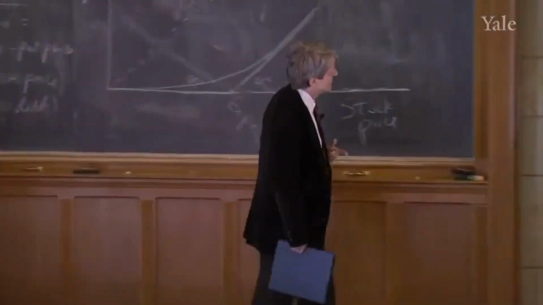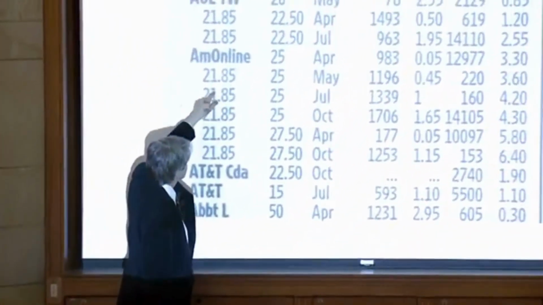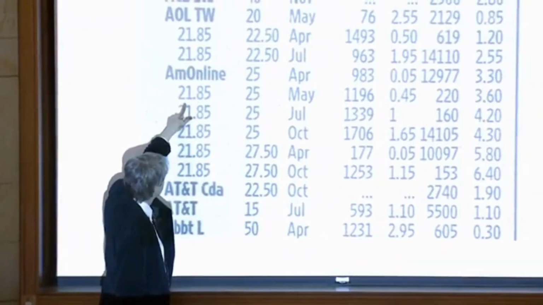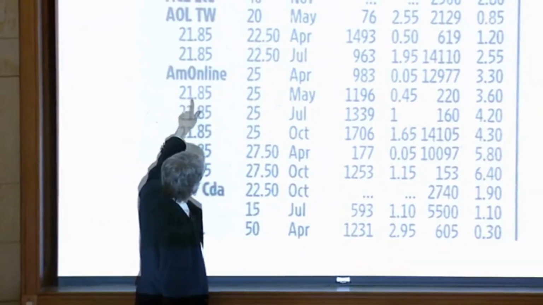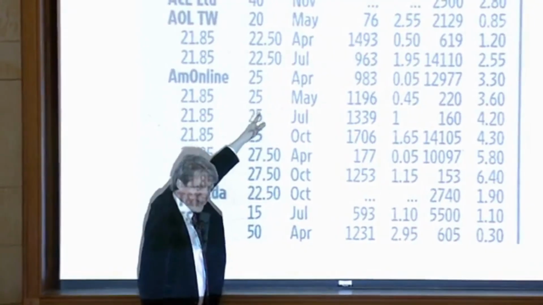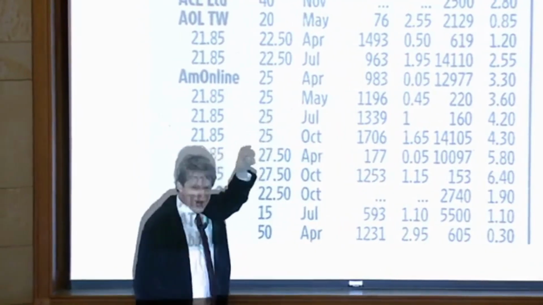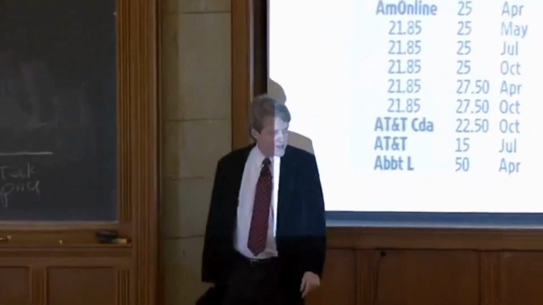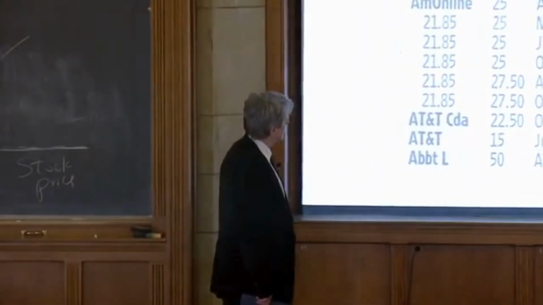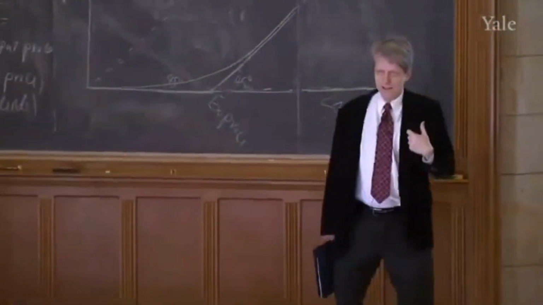For a call, this is out of the money, because the stock price is $21.85, but I've got an option to buy it for $25. That's going to be worthless unless the stock price goes up before it expires. So it's only worth something because there's a chance that it will be worth something on the exercise date.